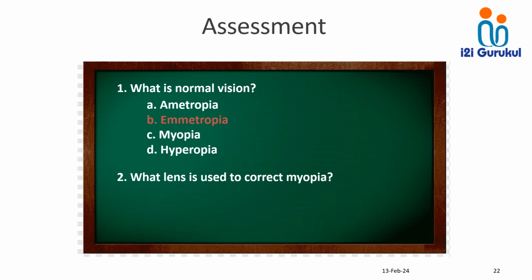The options are option A convex lens, option B concave lens, option C cylindrical lenses. You can guess, as I said many times, the treatment for myopia is the concave lens. The correct answer is concave lens.